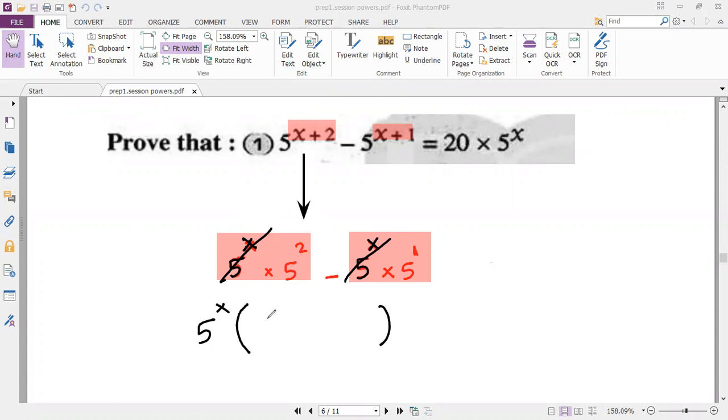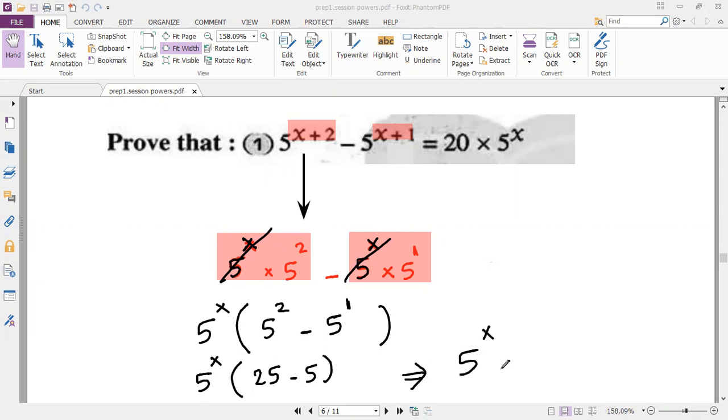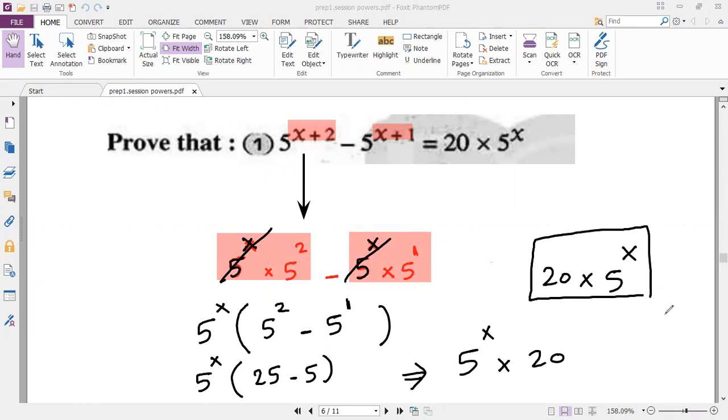You are left with 5 to the power of 2 minus 5 to the power of 1. So it's 5 to the power of x multiplied by 25 minus 5, which equals 20. And 5 to the power of x times 20, we can write it as 20 multiplied by 5 to the power of x. That's what I want to reach.